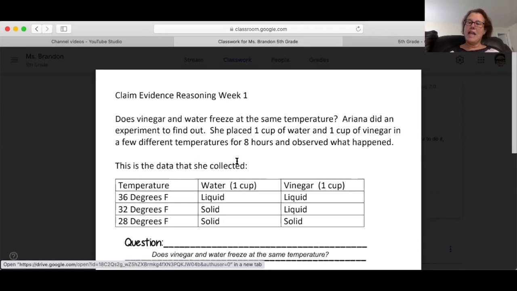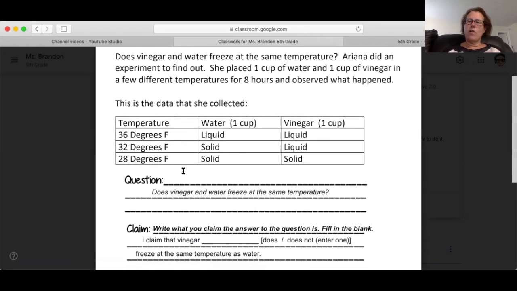And at 28 degrees Fahrenheit, the water is a solid and the vinegar is a solid. So if you think about that, do you think that the vinegar and water freezes at the same temperature when you look at that data? I want you to think about what you think.